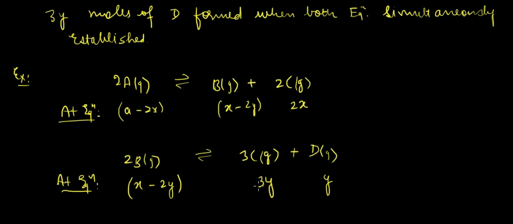As 3Y moles of C are produced more, and from the first equilibrium 2x moles were there, we'll add 3y to the first equation from the second equation, and 2x from the first equation to the second equation, because the number of moles in the same vessel of the same product should remain consistent at equilibrium all the time. Okay, so this is how we look at it.